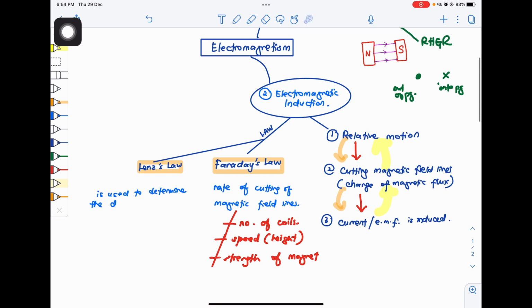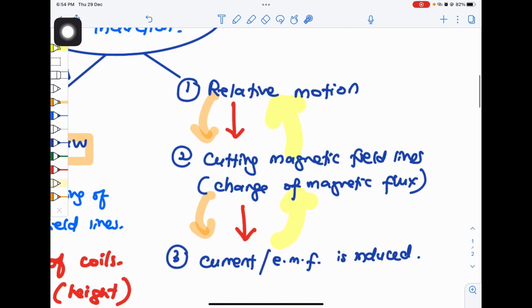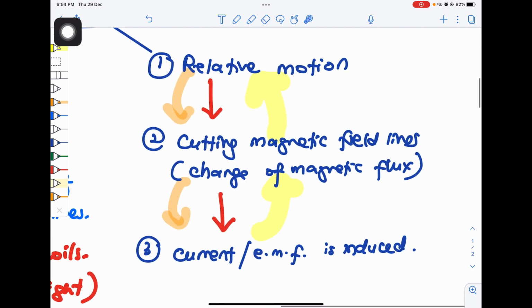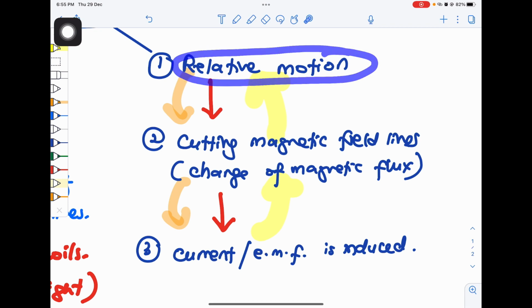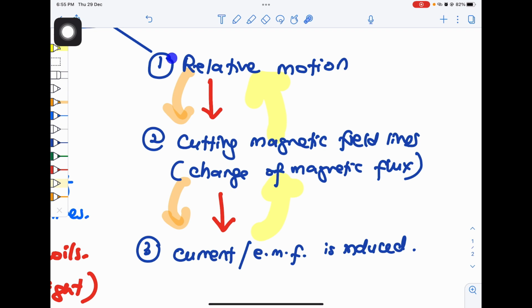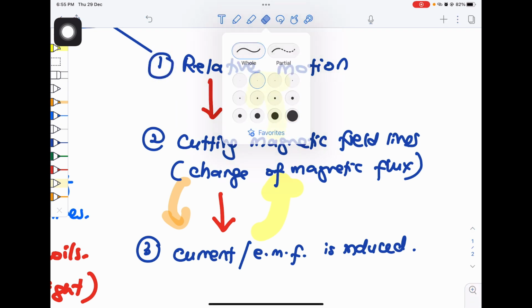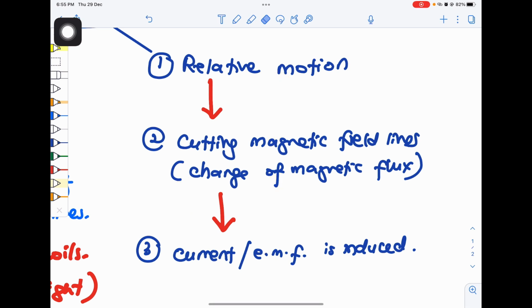Okay, now we move on to the next subtopic, which is electromagnetic induction. For this topic you just need to understand this one. In electromagnetic induction, how do we get induced current? First, we must have something that is moving. So there must be relative motion. That's number 1. When we have relative motion, number 2, there is cutting of magnetic field lines.